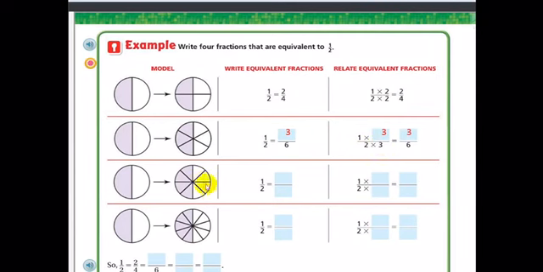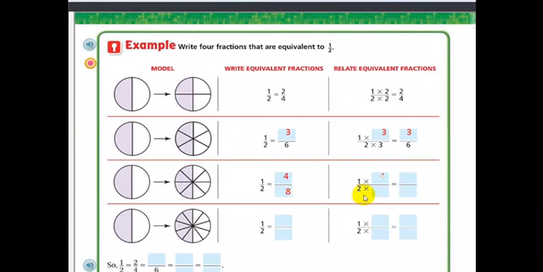Here, how many parts? 8 parts. 2, it will be 8. Times what? Yes, times 4. And we should do times 4 in the top. 1 times 4 equals 4 and 2 times 4 equals 8.